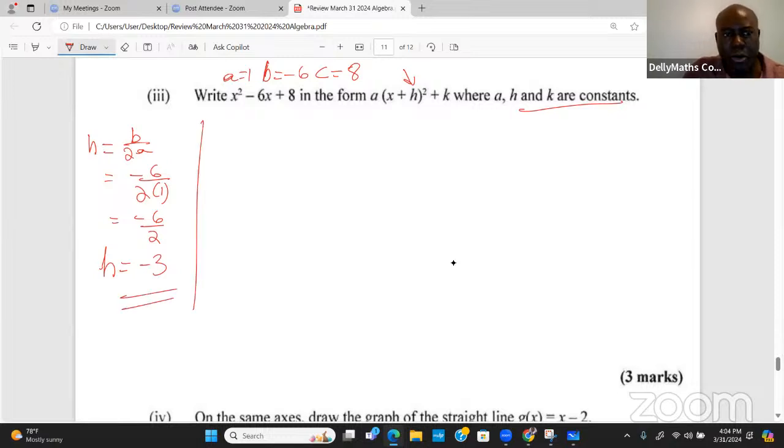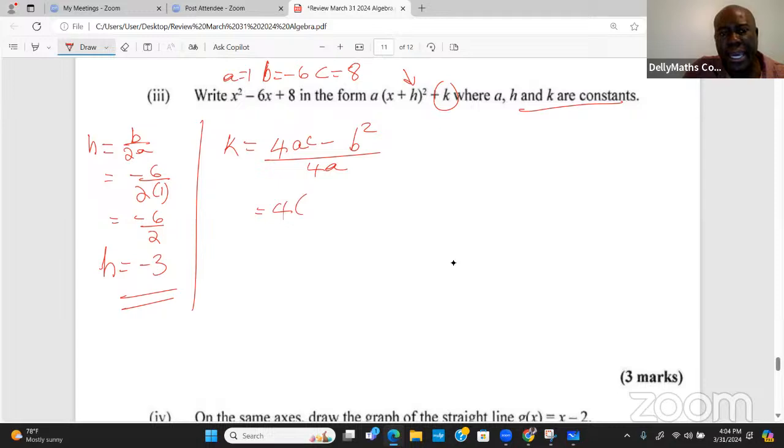Now, the second thing that I'm going for is to find my k value, right? We can find k by still using a formula that says 4ac minus b squared over 4a. Truth to be told, you can find a few formulas. I could create more formulas out of this, right? So I'm not focusing on that right now. I'm just saying this could work. You plug it in and you're good.